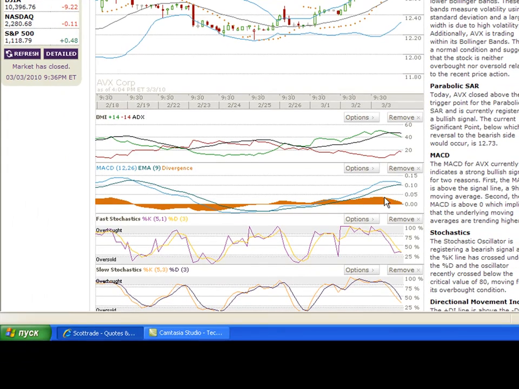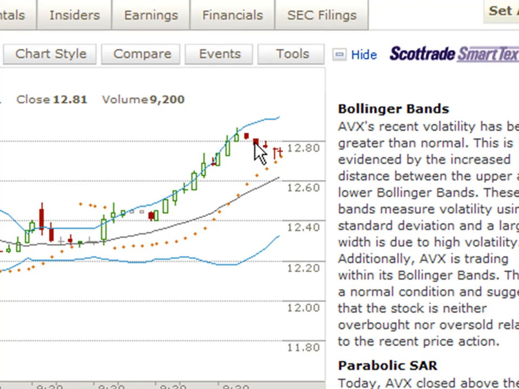If the MACD and Stochastic confirm a bearish signal, I would probably end up selling it somewhere around here. Another thing, as you can see, based on my own analysis, I would sell it while stock has already started going down. Therefore, you need to realize that all these indicators are lagging.